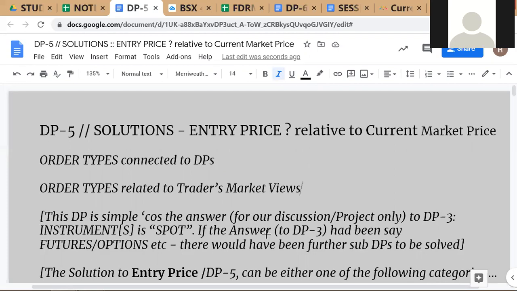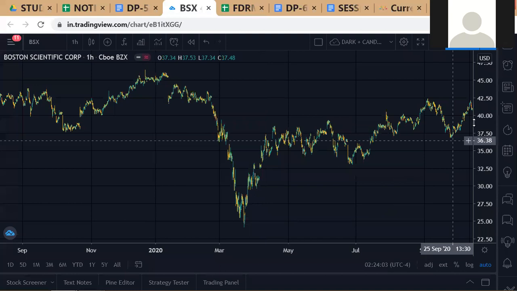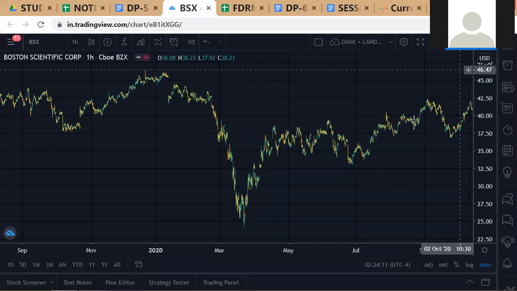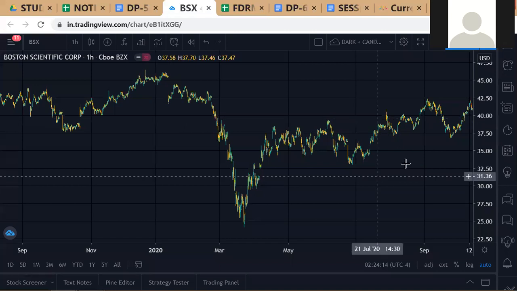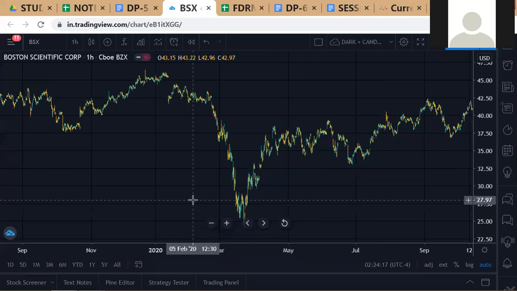And market views, you will notice from these orders, can be very sophisticated. You can have all kinds of very sophisticated market views. You can think that this will go down here and then it'll go up.